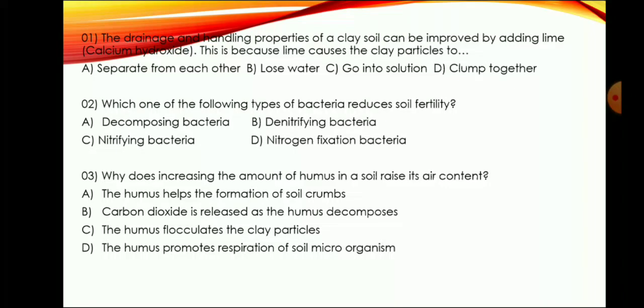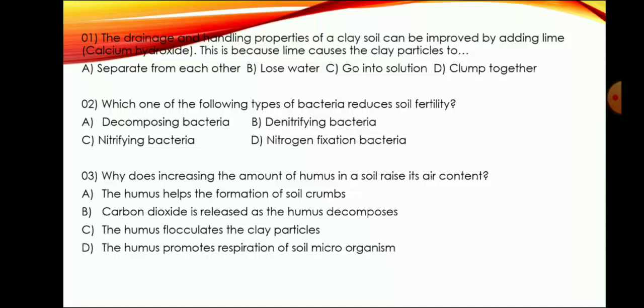Number B, carbon dioxide is released as the humus decomposes. Number C, the humus flocculates the clay particles. And number D, the humus promotes respiration of soil microorganisms. So the correct answer is the humus helps the formation of soil crumbs.